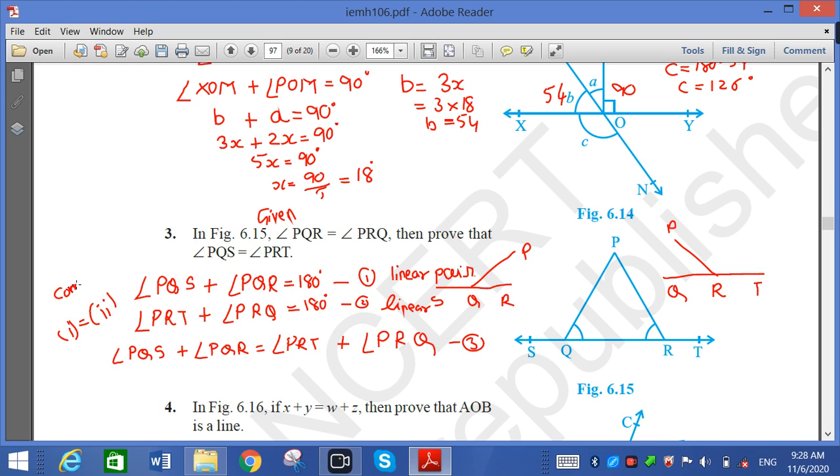Now we use that PQR is equal to PRQ. Both are equal, so we can remove them. Therefore PQS is equal to PRT.